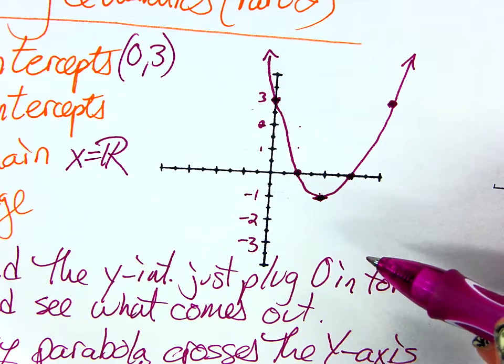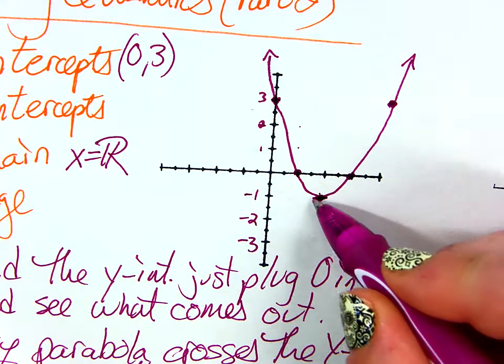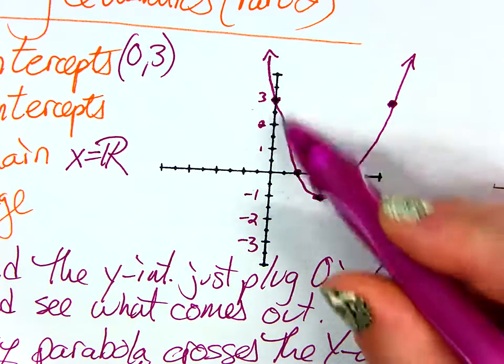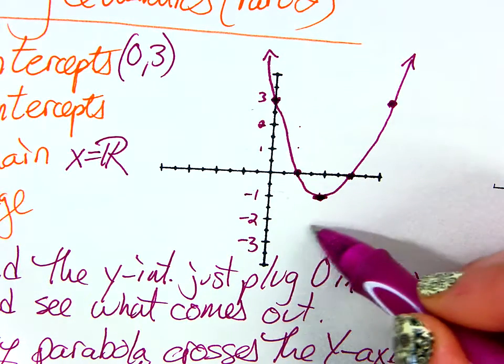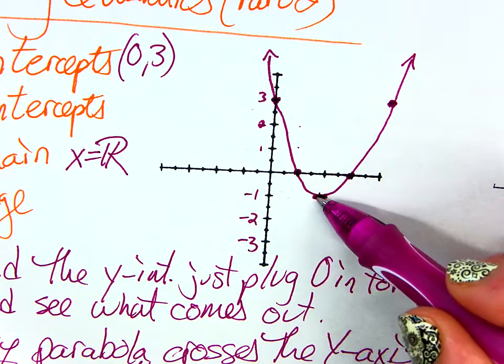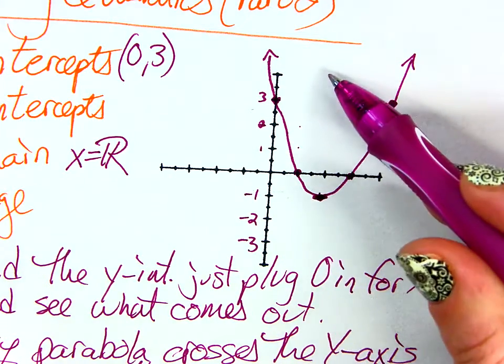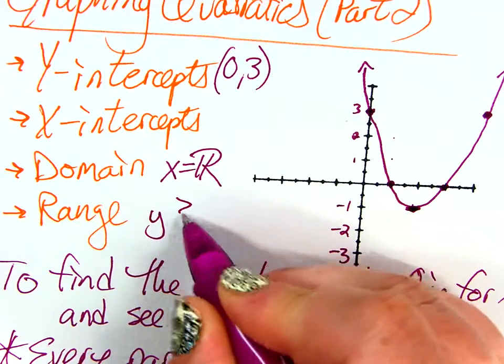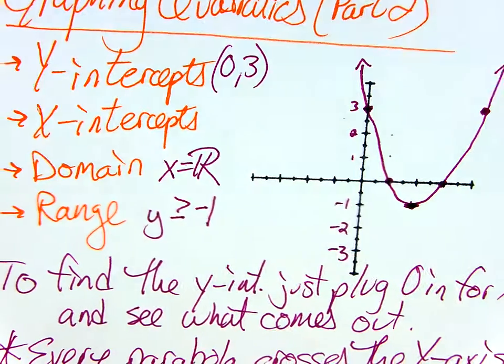Because I don't think you're quite paying attention to me. So, range, all the y values that are actually going to come out. This quadratic will never get a y value of -2 or -3. It will only get y values of -1 or bigger. So what would I write for my range?